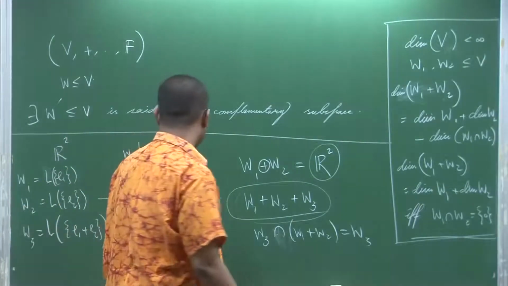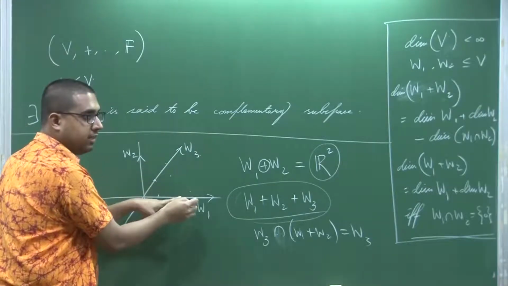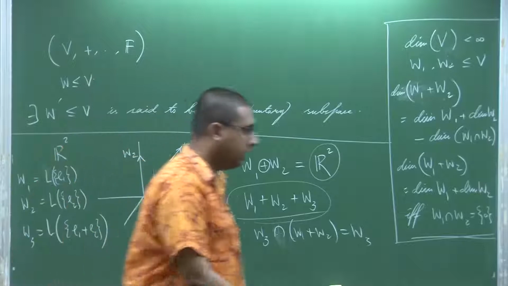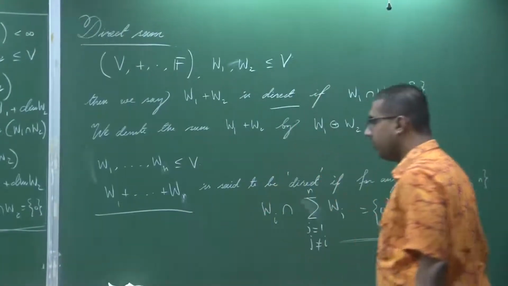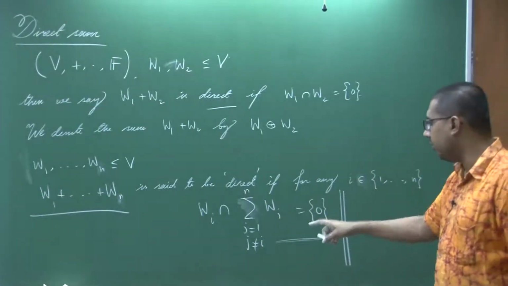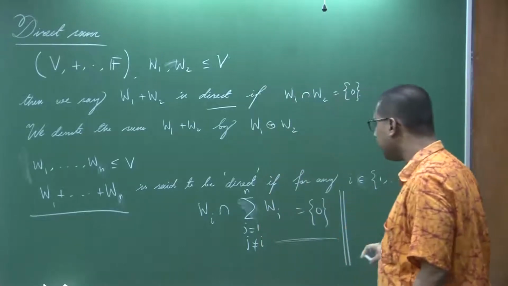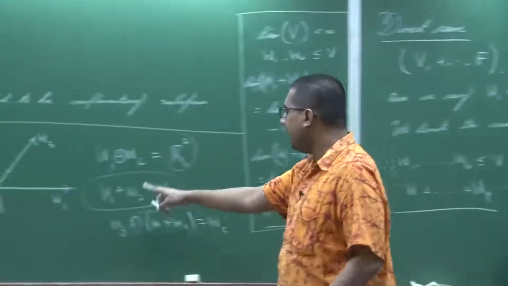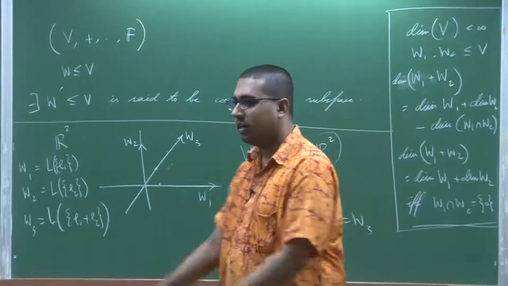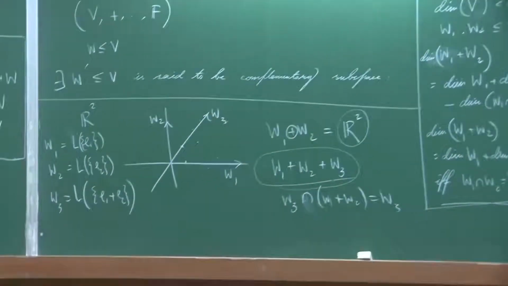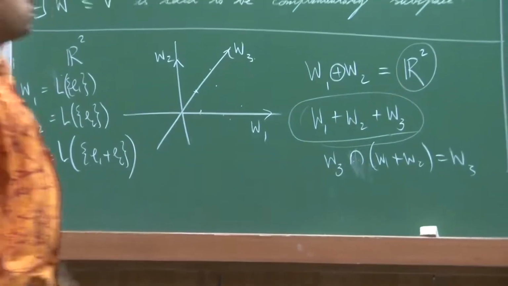But as you can see, here also if you take W2 and W3, the intersection is trivial, same as W1 and W3. So, this condition is actually a stronger one. What I mean is, even if the intersection of any two different summands might be trivial, still the sum may not be direct. This is an example for that.